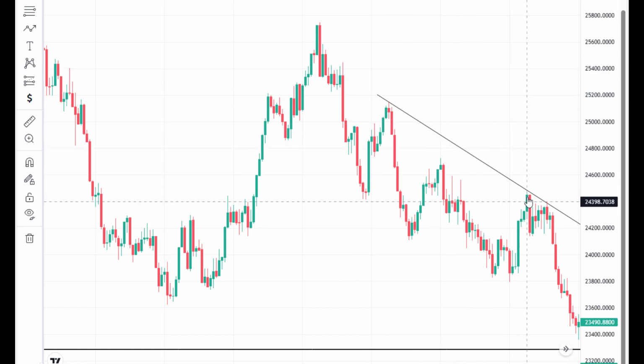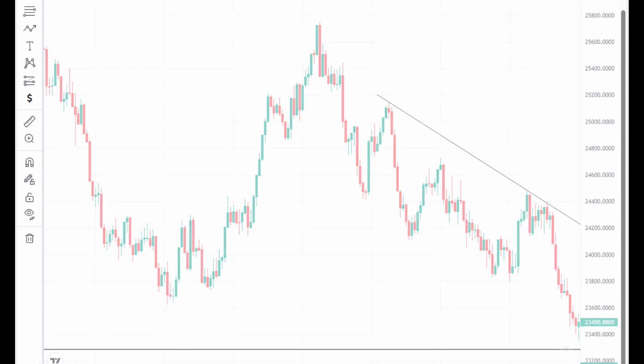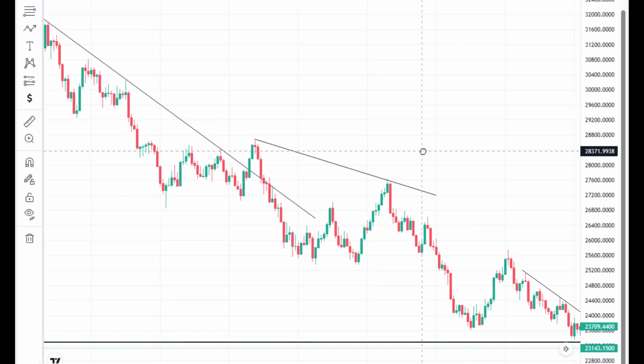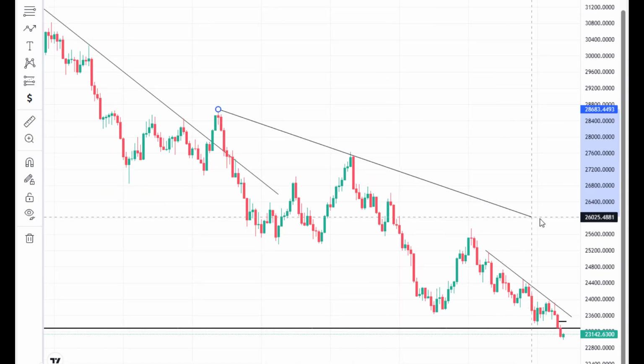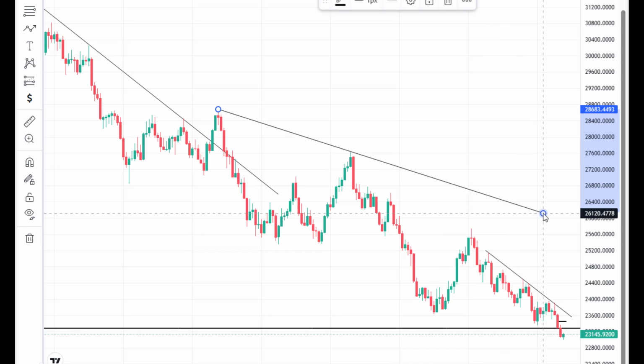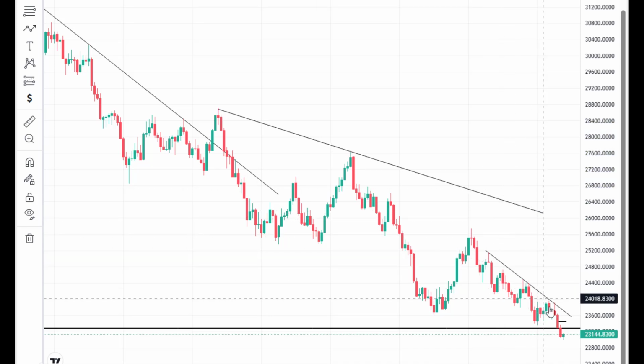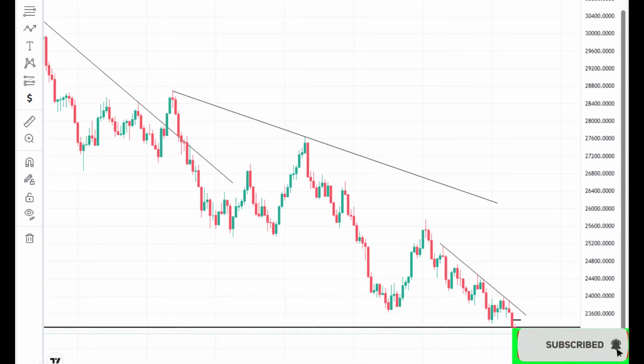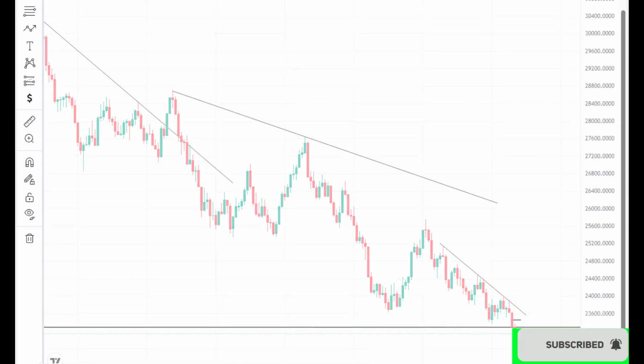Some people ignore zones like this, right? Other people stay only in higher time frames and do not drop to smaller time frames. As a result of that, price hardly comes back to their zone. Like here, for instance, if you just stay here waiting for price to come back here, you will have missed out on opportunities on small time frames. So those are some of the things you can do to enhance your trend line trading and make more profits.